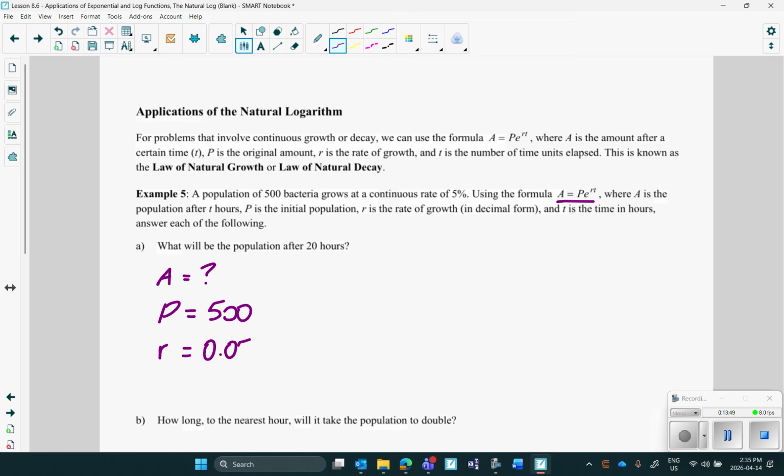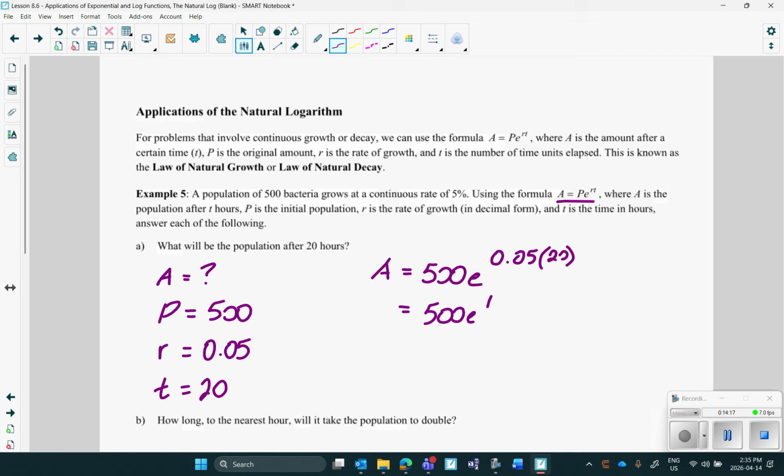And what is the time we are looking for? 20. So use the formula 500 times e to the 0.05 times 20. Well, that's the same as 500e. What's 0.05 times 20? 1.